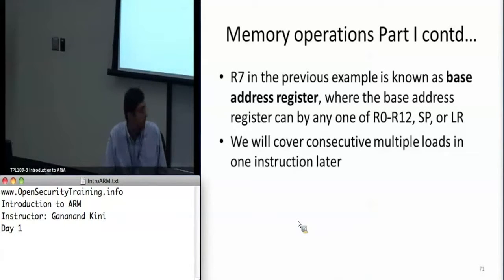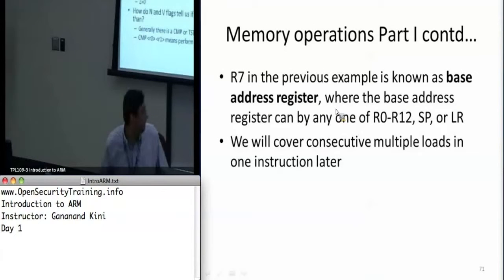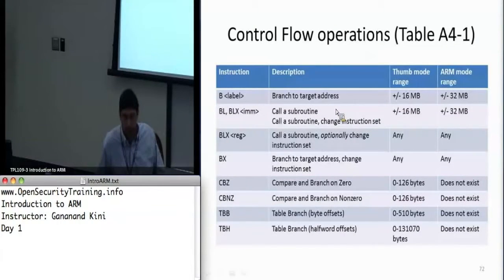The base address register can be anywhere from R0 to R12, the stack pointer, or the link register. So you can do load stores on the stack pointer, and on R0 through R12. You can even do it on the link register, which is your saved program counter. We'll cover that in more detail later.